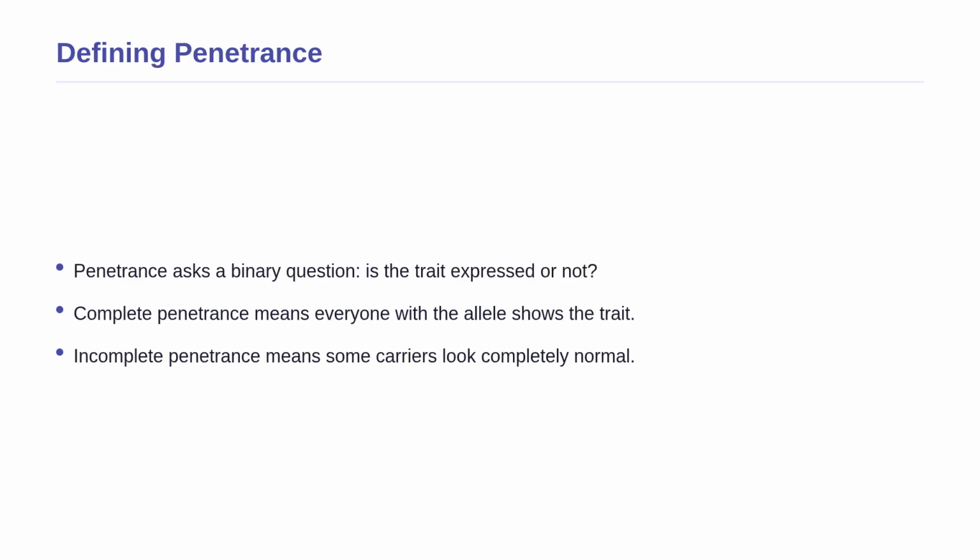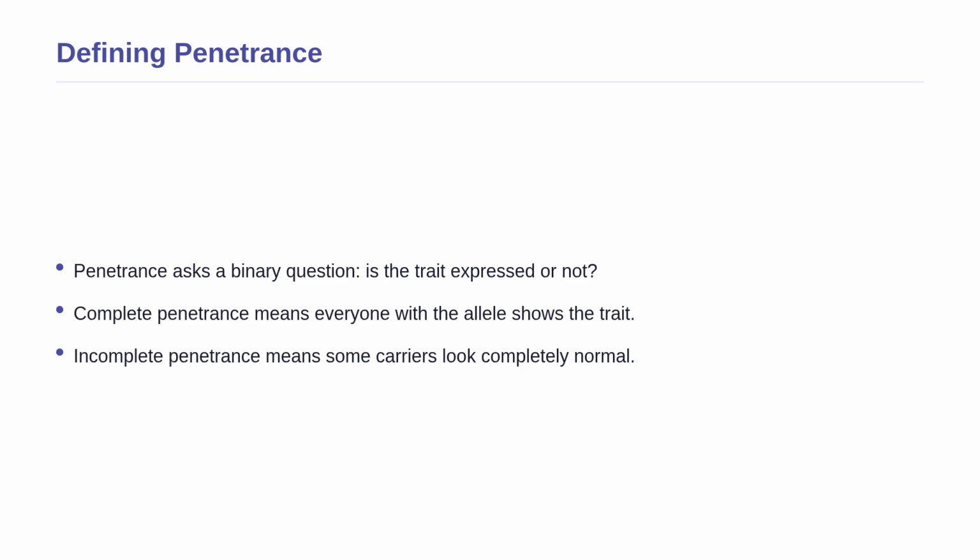This surprising phenomenon brings us to our first major concept. Penetrance is essentially a binary, yes or no question. Does the individual show the trait, or do they not? When every single person who carries a dominant mutant allele actually shows the mutant trait, we call this complete penetrance.